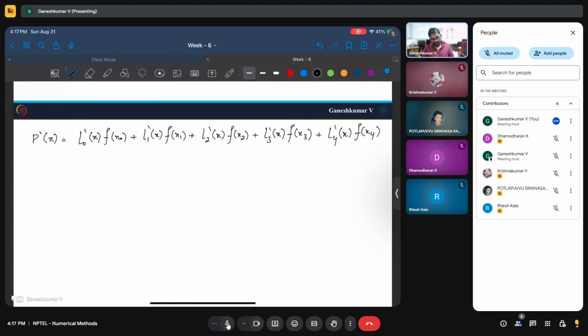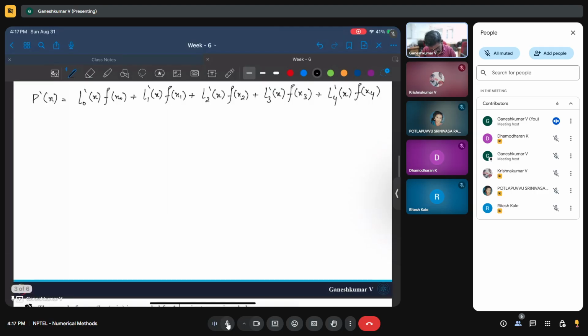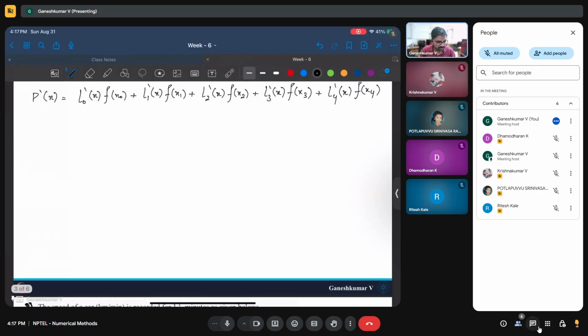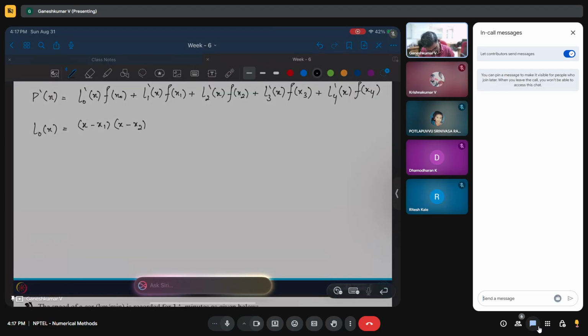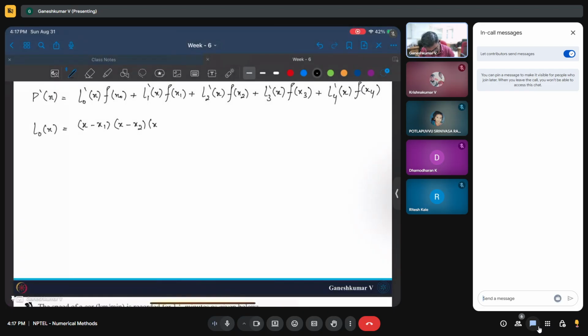Okay. All right. So now we need to find Lagrange coefficients. Let's try to find out Lagrange coefficients. So what is L naught of x? L naught of x is nothing but x minus x1, x minus x2, x minus x3, x minus x4.